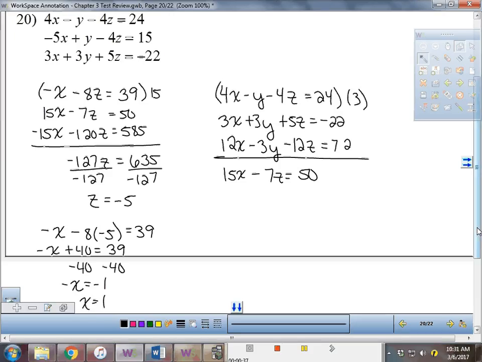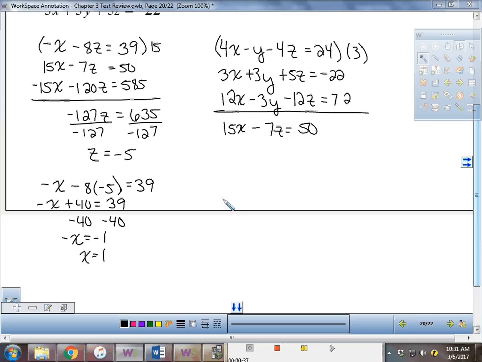So now I'm ready to plug both x and z in. I'm just going to choose the top one. So that would be 4 times 1 minus y minus 4 times negative 5 equals 24. So I get 4 minus y plus 20 equals 24.